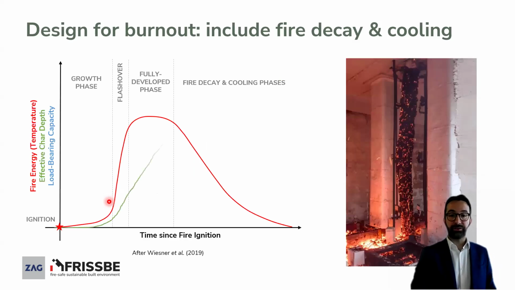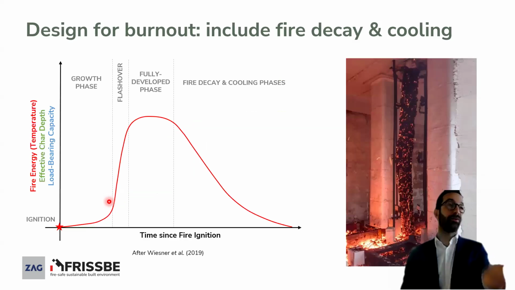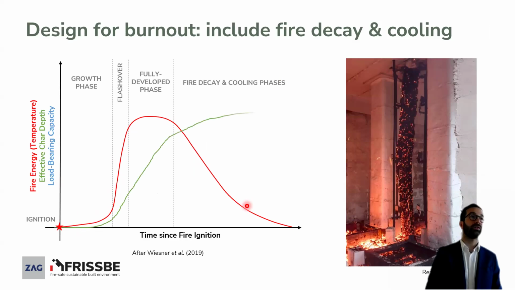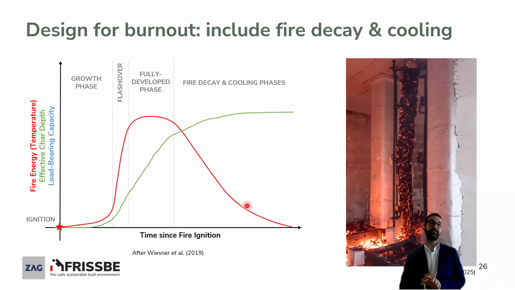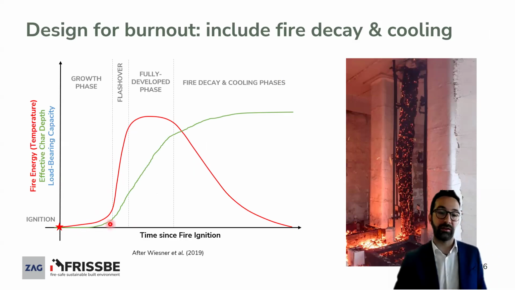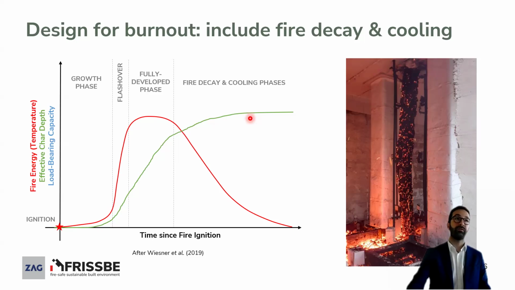So compared to what we discussed earlier, if you take, for example, the fire energy and the natural fire that I showed you earlier, what we can start seeing is that the effective char depth in the timber structure is not much during the growth phase, increases during the fully developed phase, but then you still have a contribution to the char depth during the fire decay and cooling phases.